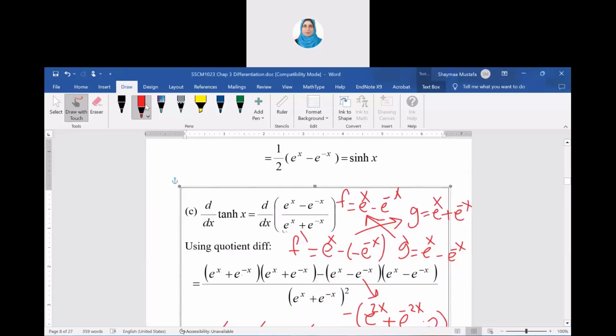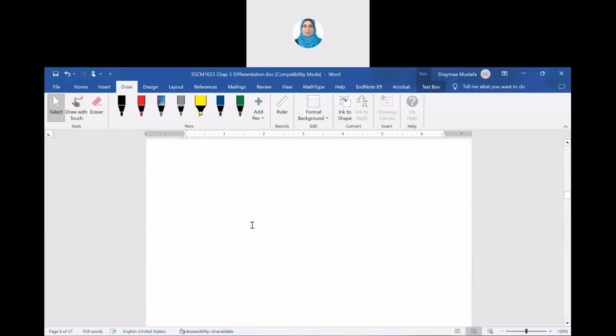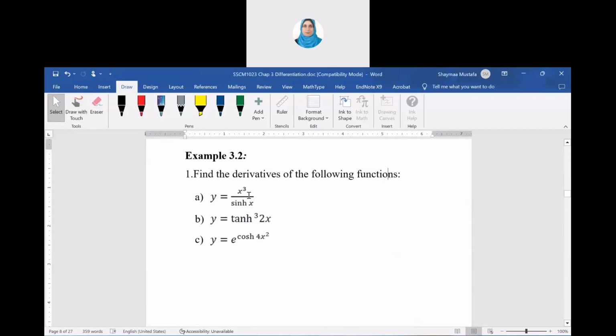So to solve this one, for the first one, x cubed over sine x, I need to find the derivative. Thus, my first function is f equal to x cubed. My second function is g equal to sine x.